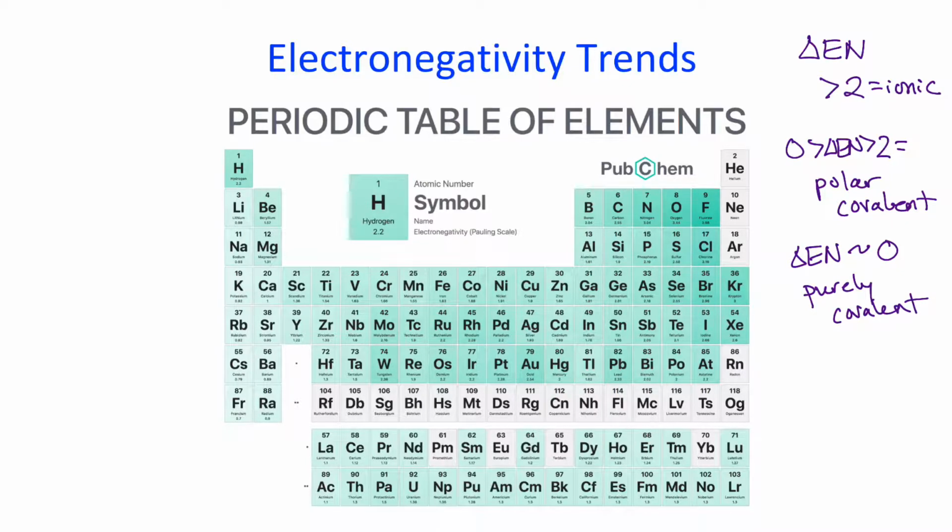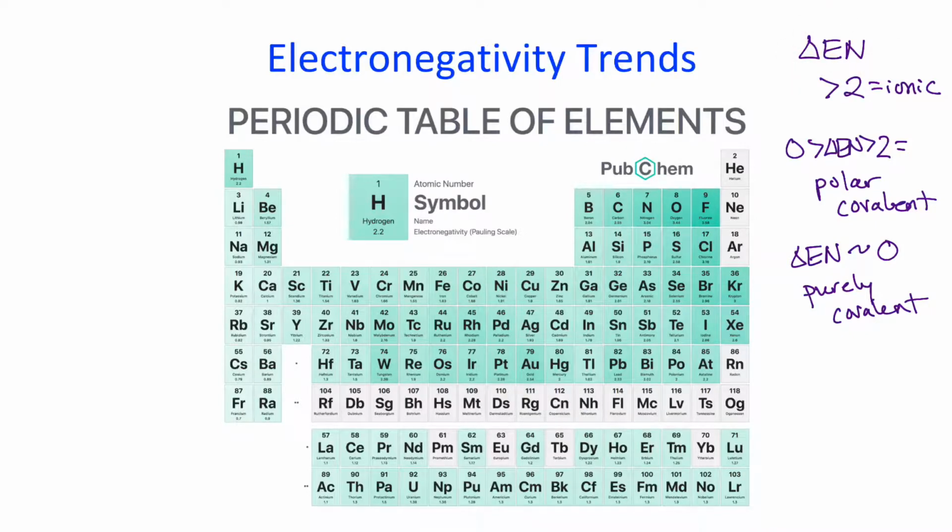These are general cutoffs that you can use to predict whether you're going to have an ionic compound, a polar covalent compound, or a purely covalent compound. All you're doing is looking at the differences in the electronegativity values.